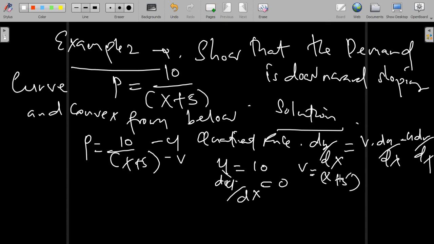So since we have x plus 5, as you observe, we apply the derivative of v, dv over dx. Since our x plus 5 is raised to the power of 2, when you take dv over dx, that will be equal to 2x.